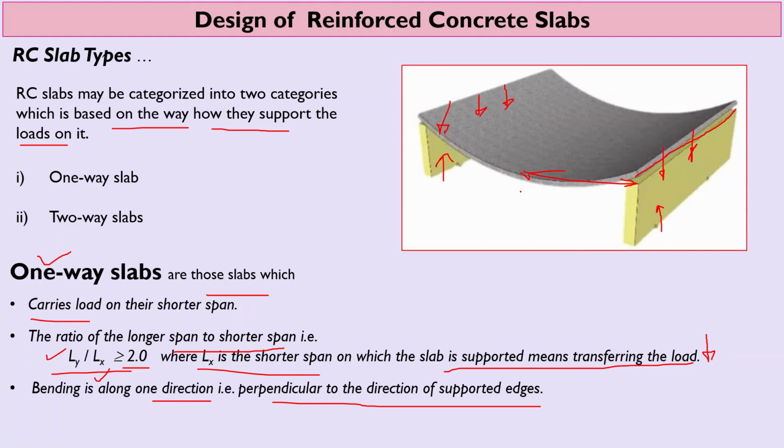What we want to say here is that if you are placing a slab which is supported on two sides along its shorter side, then its behavior, as we can see in this diagram, means we have to design this slab as a one-way slab. And you can easily understand where we have to place the reinforcement so that this deflection can be removed.